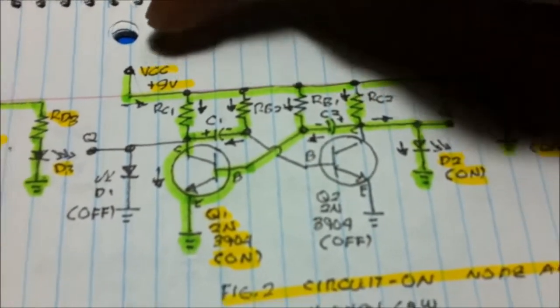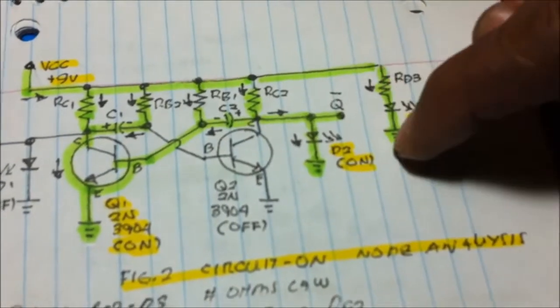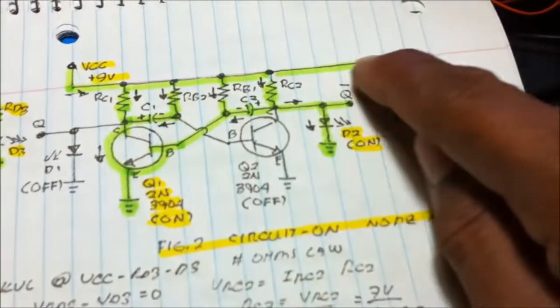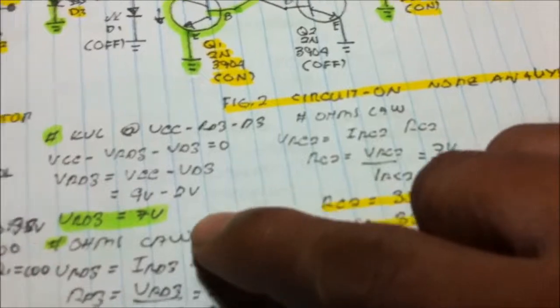When you power on the circuit, current flows into this node, also this node, here, and here. Let us first see the first KVL into the power LED once you turn on the circuit.